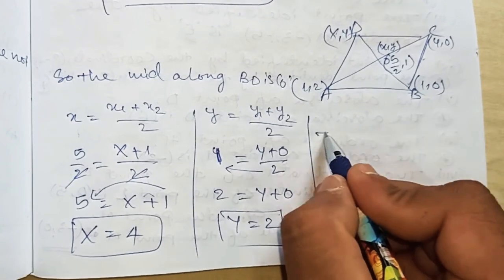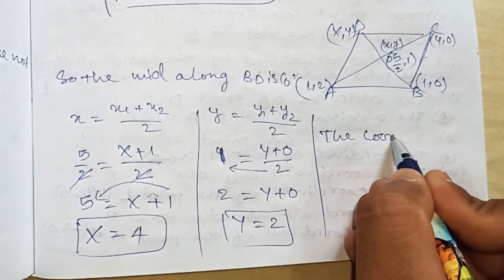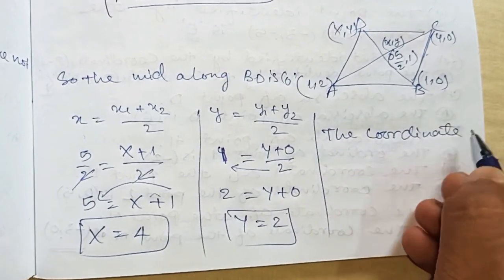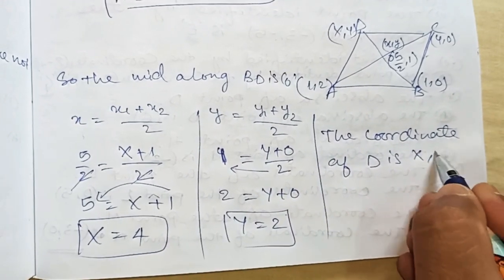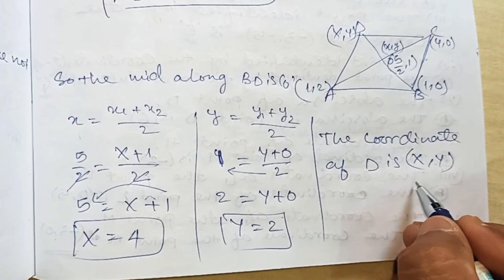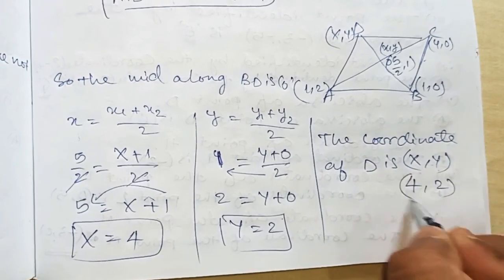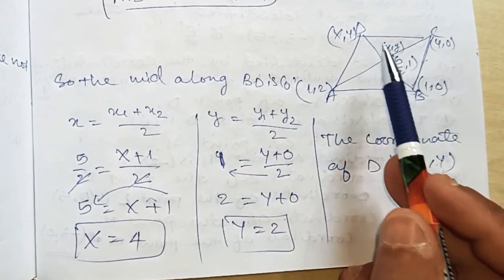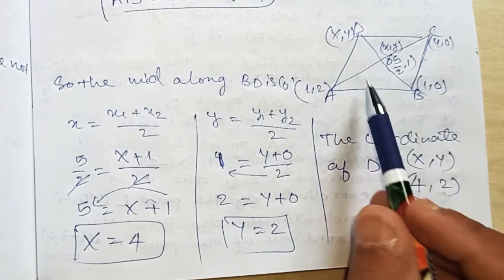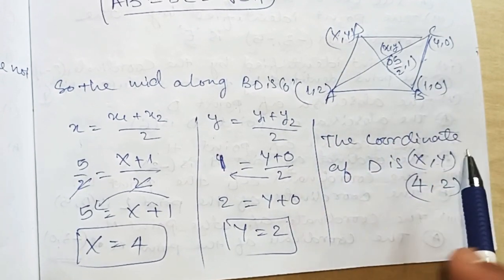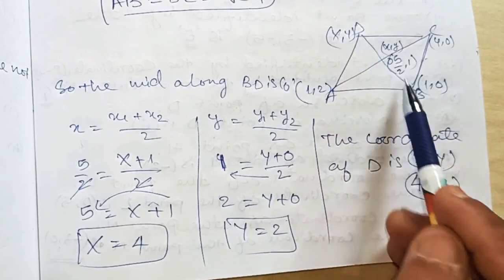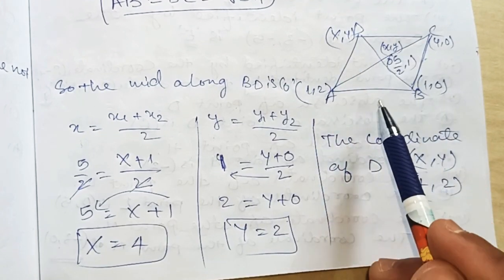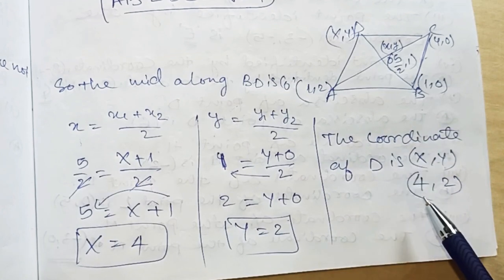So the coordinate of D is capital X comma y, that is 4 comma 2. So in this way we are able to get the fourth coordinate of a parallelogram. Whenever you get any question related to a parallelogram, better you use the midpoint formula from both the diagonal sides, so that it will be easier to get the answer.